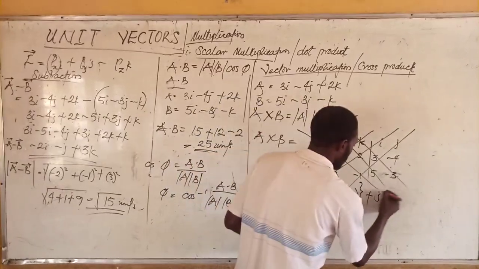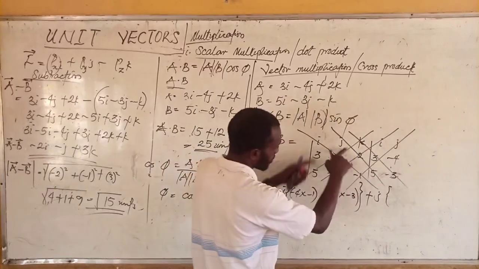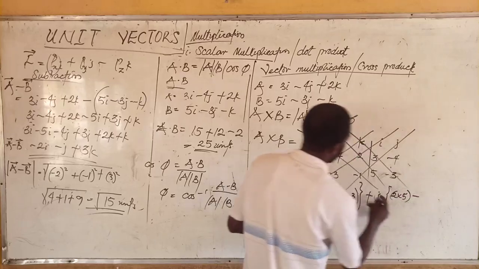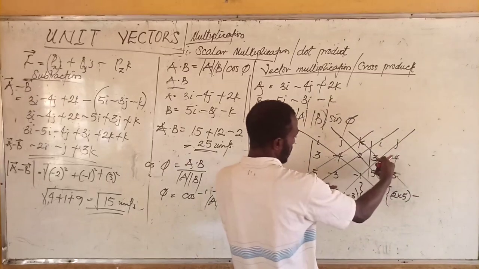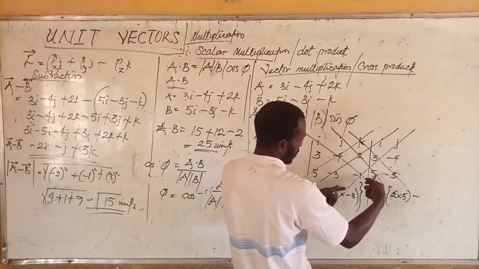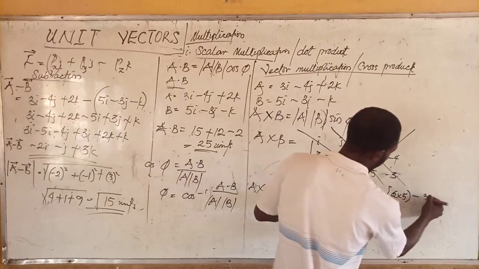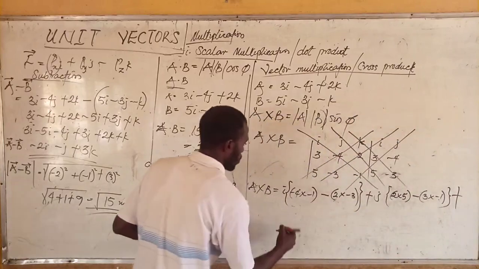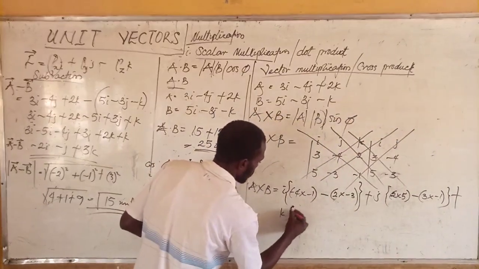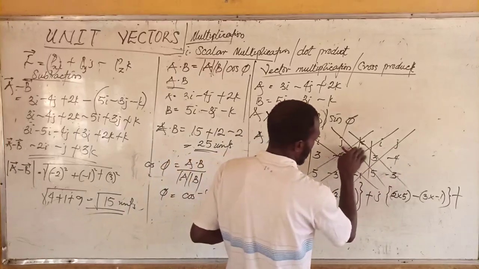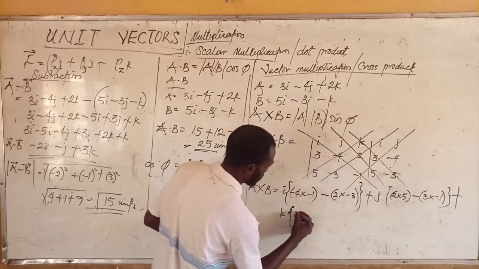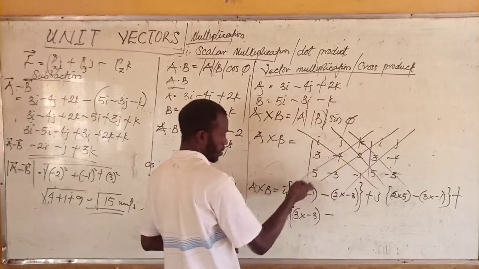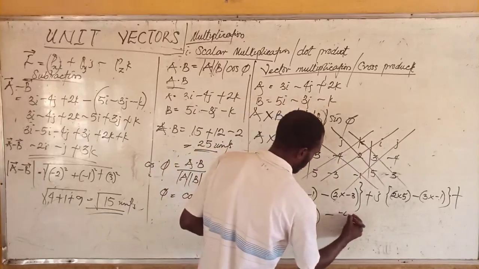I go to J. For J, I'll go to the J, 2 by 5, I have 2 by 5, minus, I go to J again, 3 and -1, that is 3 times -1. And then plus again, we have for the K, we go under K, in this direction, we have 3 and -3, 3 times -3, and minus, we go under the same K and come here, -4 times 5.